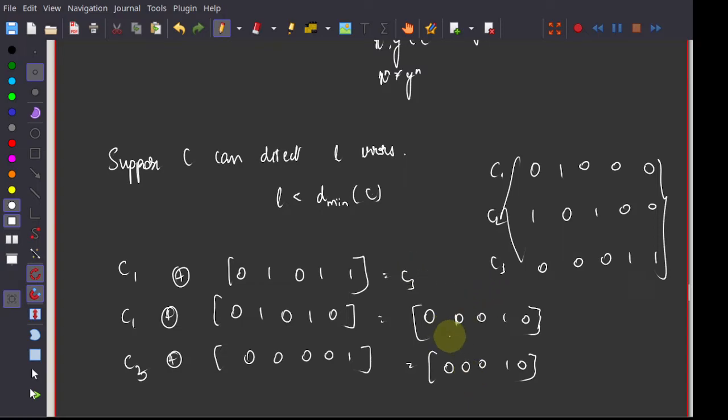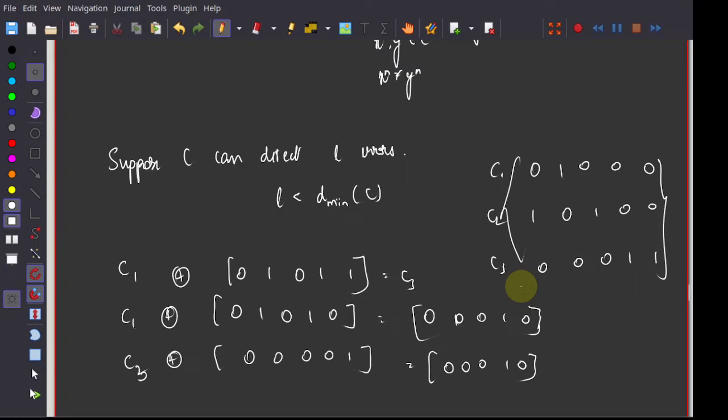Suppose that you received 0 0 0 1 0. What would you declare as the transmitted code? Potentially C3, right? But then there is an error vector of weight 2 which transforms C1 to this particular sequence. So not every error pattern of weight 2 can be corrected. There exists at least one error pattern of weight 2 which cannot be corrected.